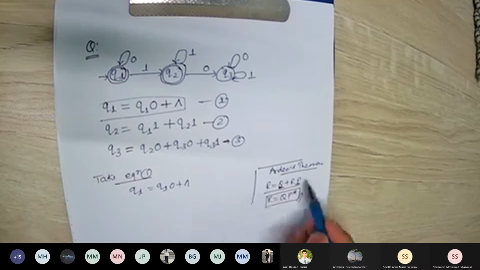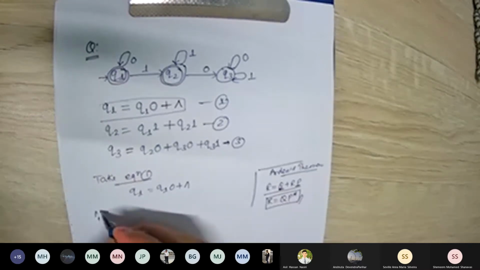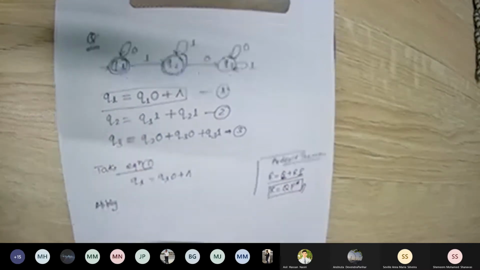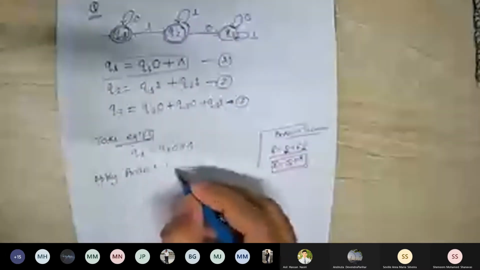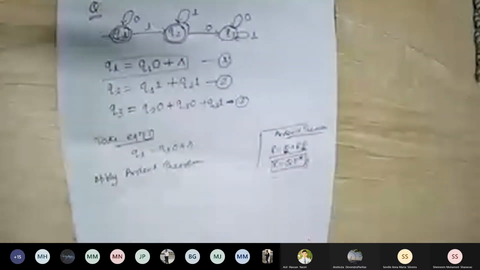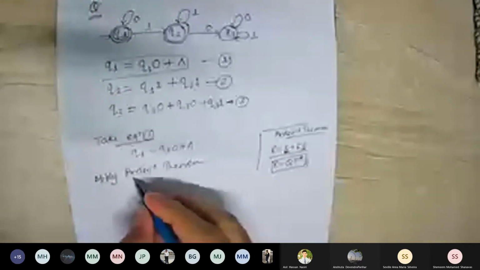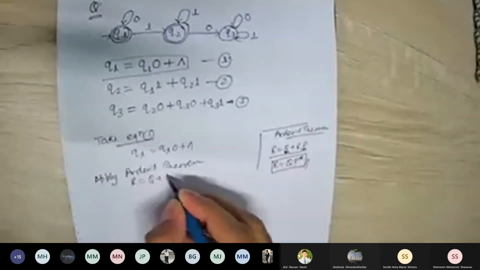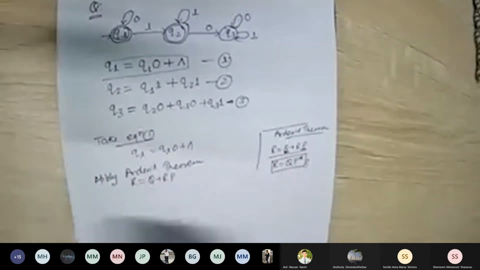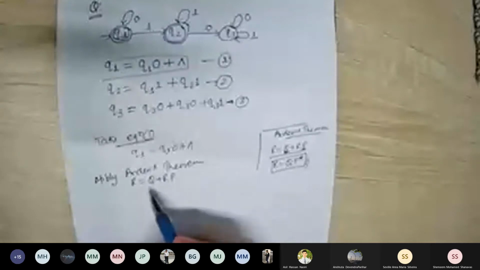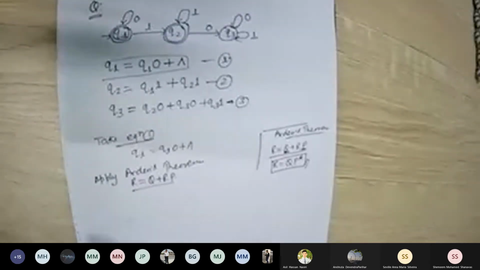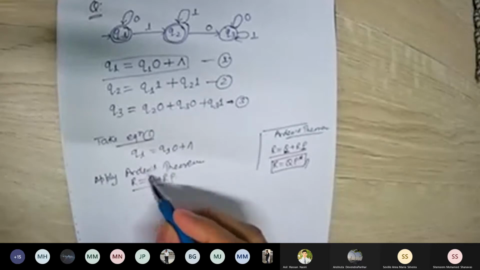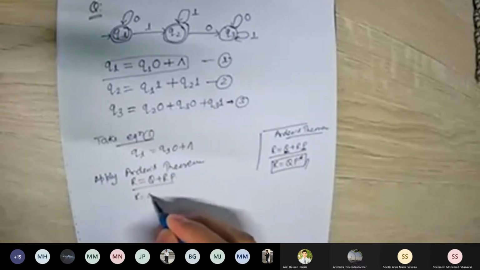So now apply Arden's theorem. R equal to Q plus RP. Can you compare this with equation 1? So you can see the value of R is what?